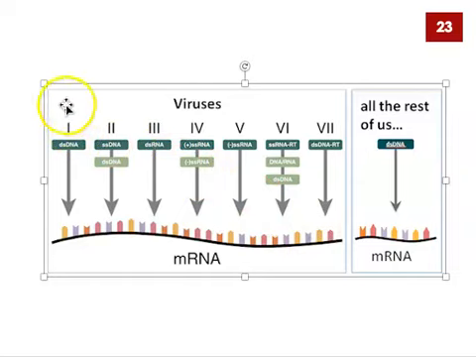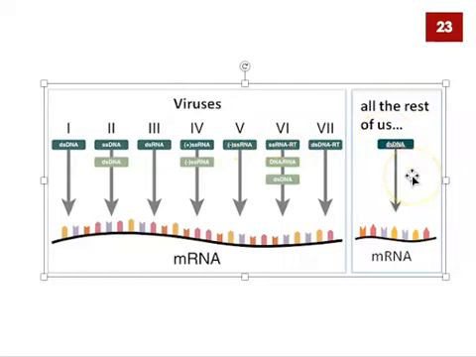A virus is going to get this 1 designation if it contains double-stranded DNA. It's going to get a 2 if it contains single-stranded DNA. A 3 for double-stranded RNA, a 4 for single-stranded RNA, and this one has a plus next to it. That's the sense. 5 is single-stranded RNA with a negative sense, and so on and so on.